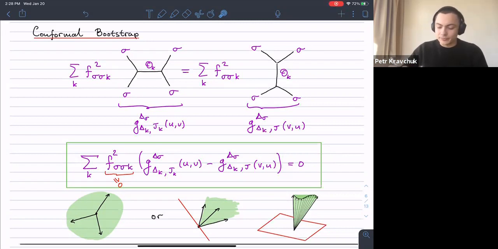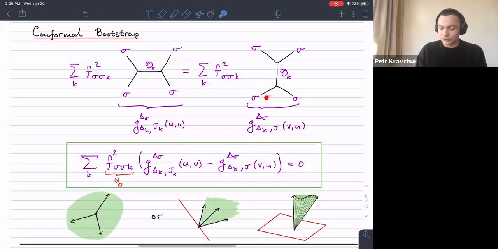And these functions are just the conformal blocks. They're functions which depend on delta sigma, which is the scalar dimension of sigma, and the dimension and spin of the exchanged operator. And they depend on U and V, which are conformal cross ratios, the things on which 4-point functions depend.